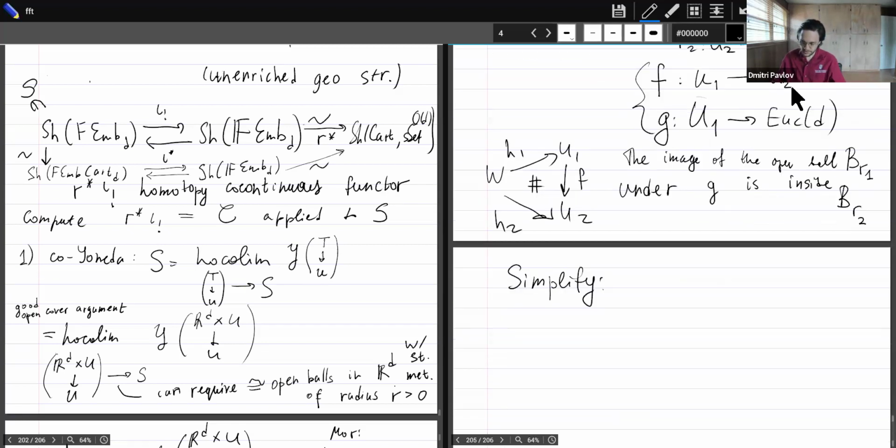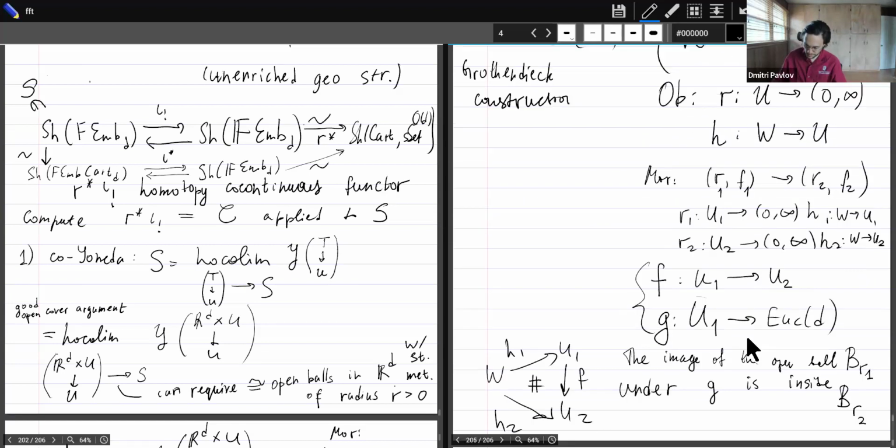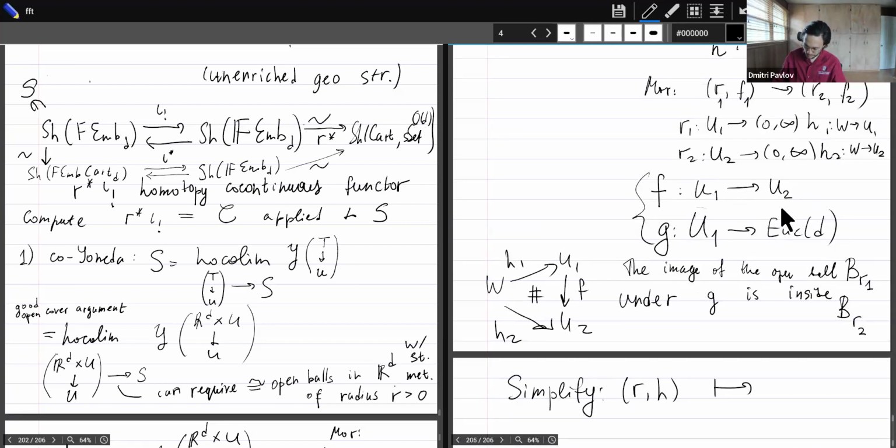So what you can do is you map an object (R, H) to just the composition R composed with H. This will be a map from W to (0, infinity), sorry.